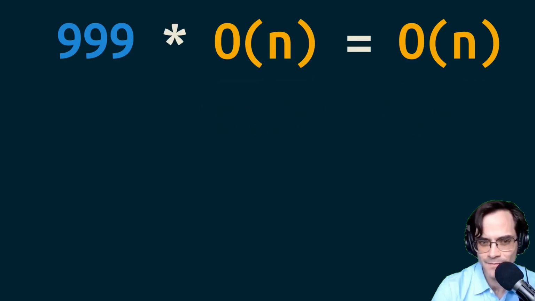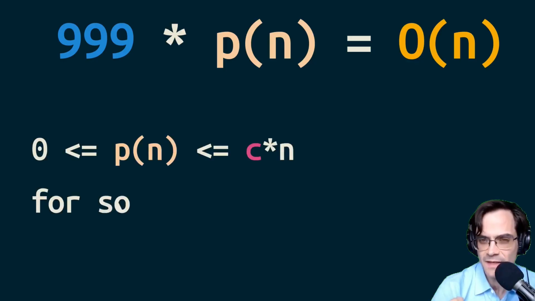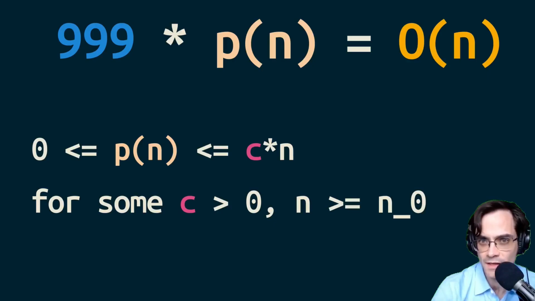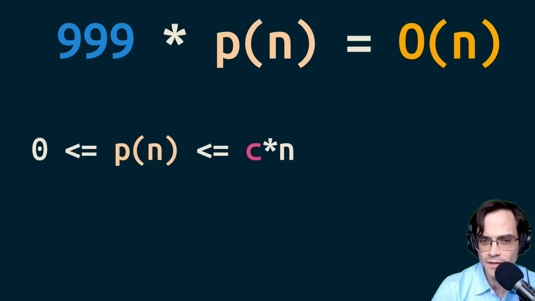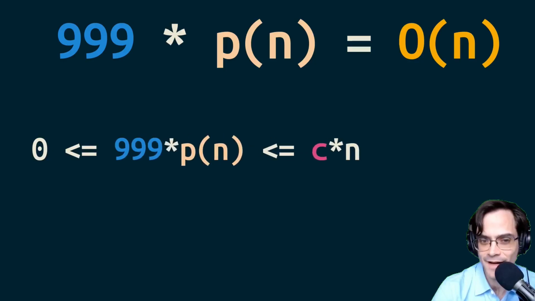Let's find out. Call this function on the left side p of n. Because p of n is from O of n, we know that it satisfies this inequality for some c and n naught. Now we don't know what c and n naught are, but we know they have to exist. So let's just take this inequality and multiply the whole thing by 999.